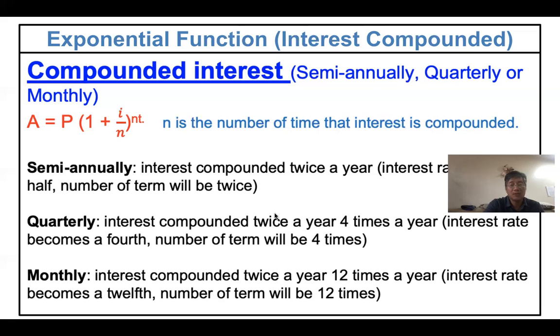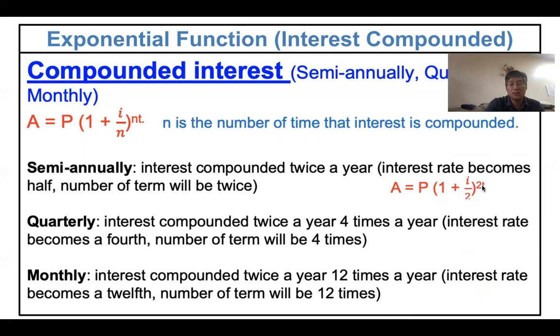So let's see with the example. So this is like this, and quarterly, i over 4, and 4 times t here. And 1 plus i over 12, 12 times t here.